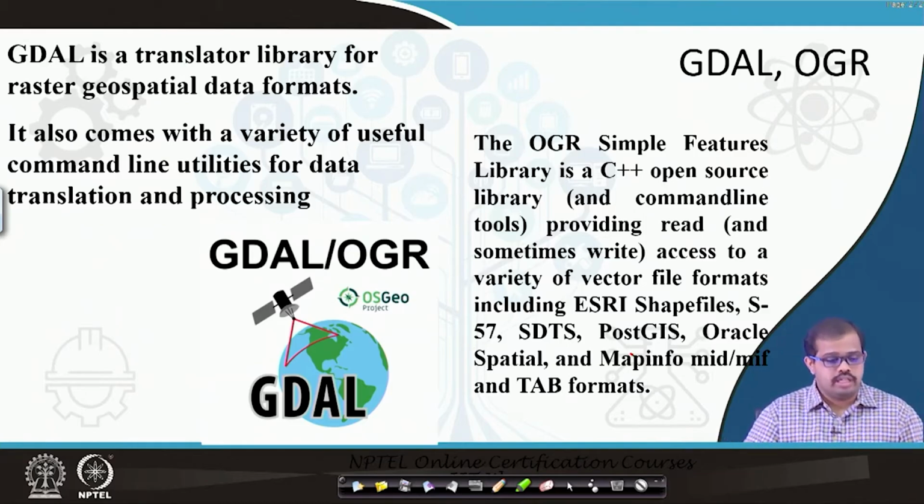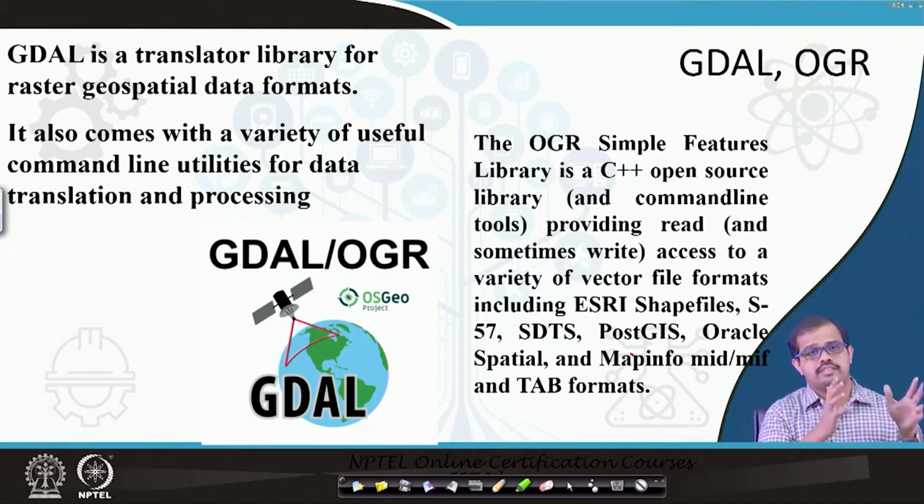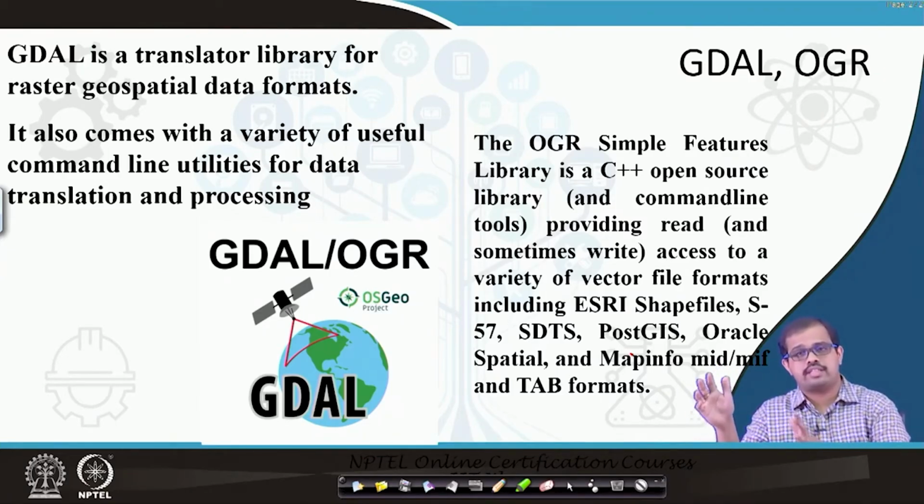It also comes with a variety of useful command line utilities for data translation and processing. Take any software, whether you are using ERDAS or any other very capable raster processing software, the raster library is formed through the GDAL translator itself. So the entire handling of raster data is through GDAL. OGR complements GDAL as a vector translator.